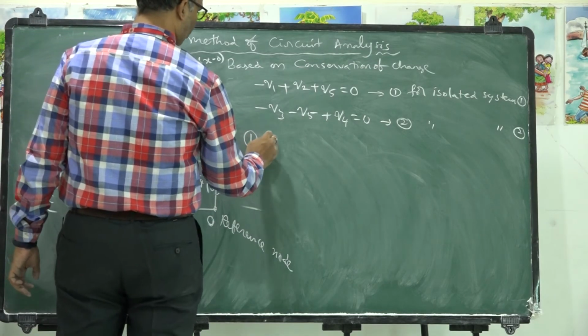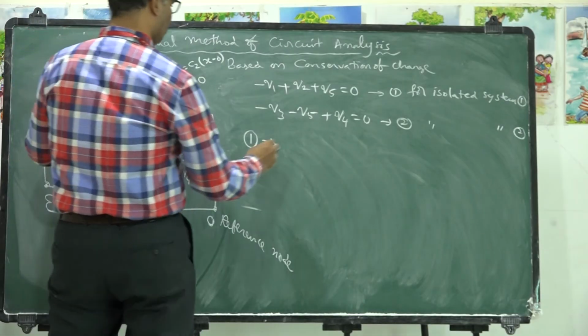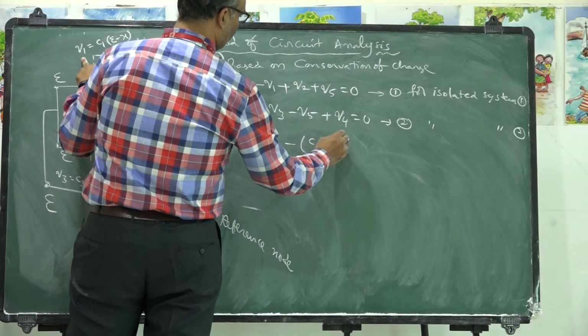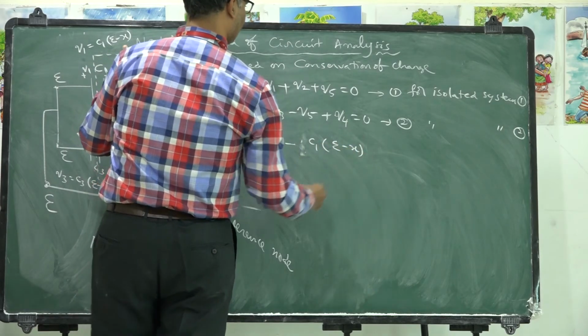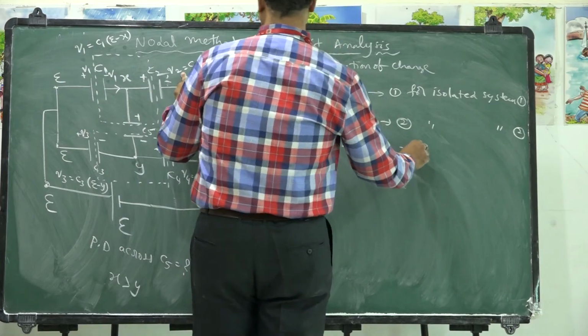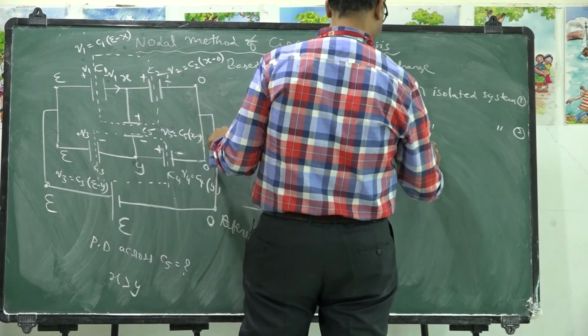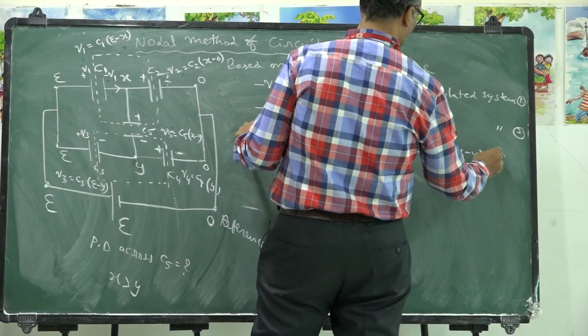So how to solve? Step number 3. Equation 1 becomes minus q1, so minus of C1 into E minus X, plus q2, C2 into X, plus q5, C5 into X minus Y, is equal to 0.